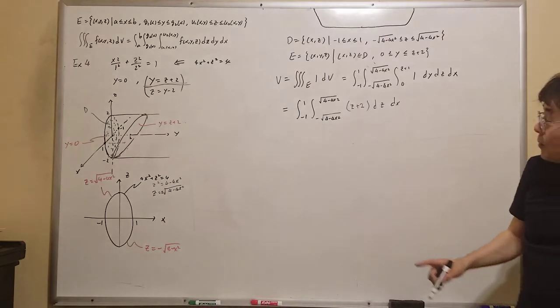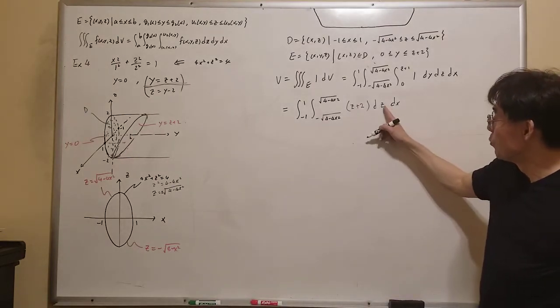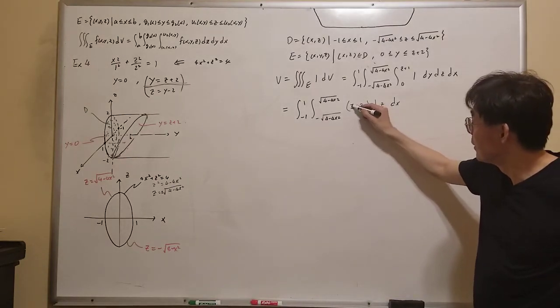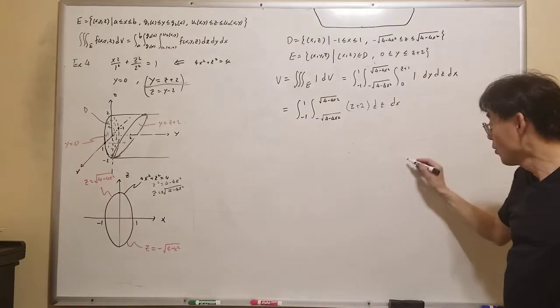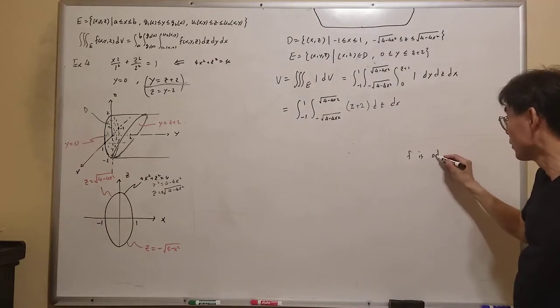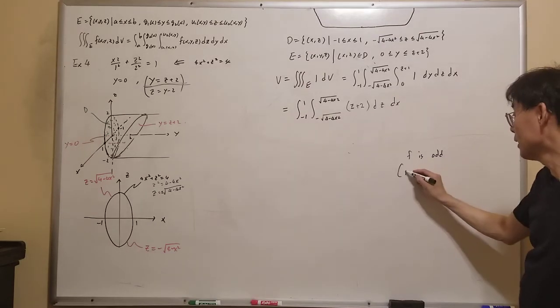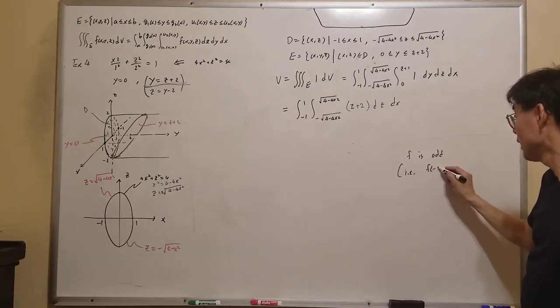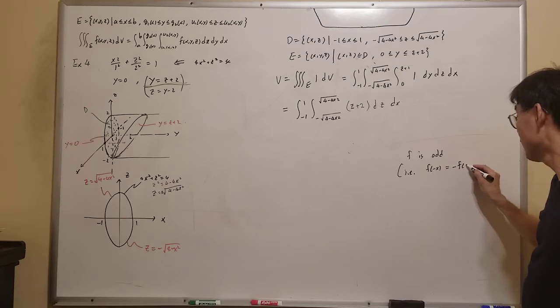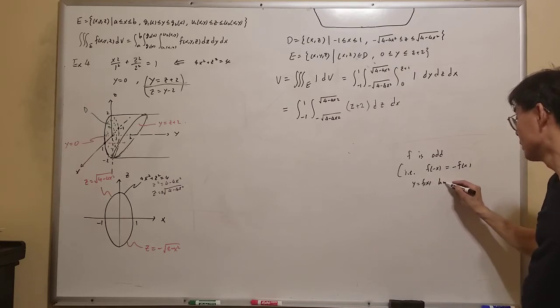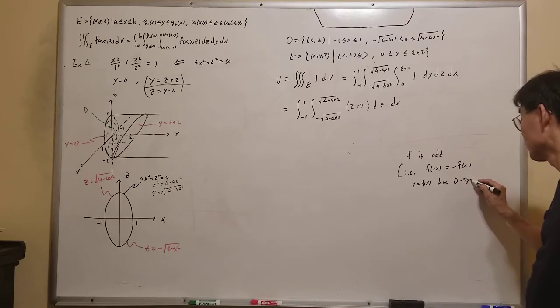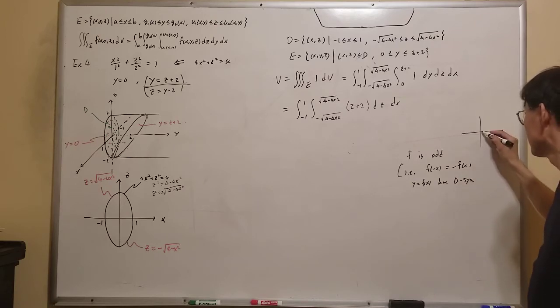Now, with respect to z, this is an odd function. See, when f is an odd function, that means f of negative x equals negative of f of x, or y equals f of x has origin symmetry. You know, like this.